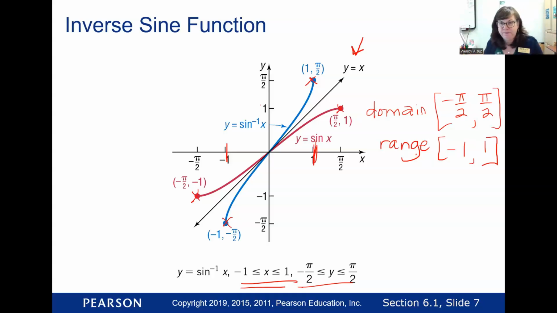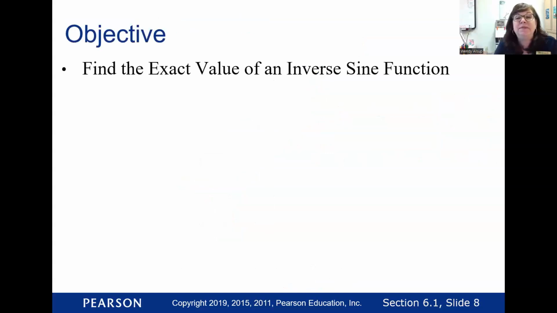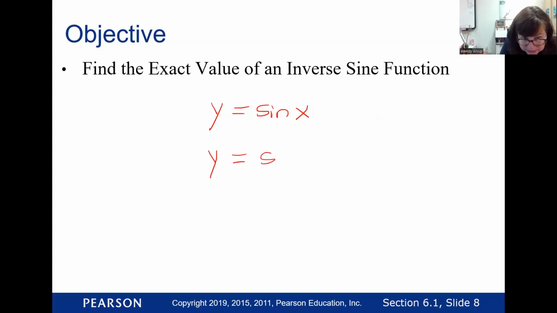On our original sine function, y equals the sine of x, you plug in an angle like the sine of pi over 4, and you get out the sine of the angle.